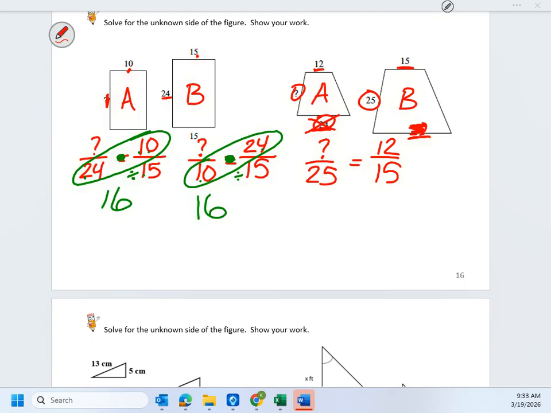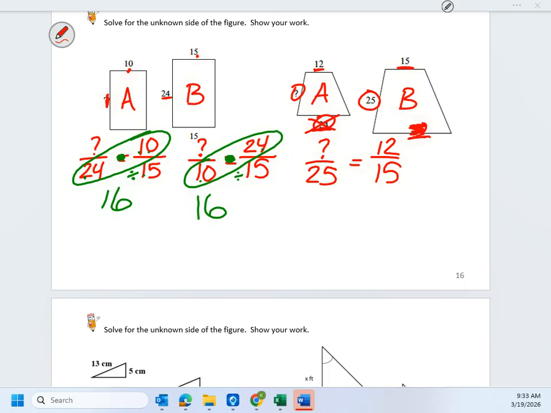This time, there wasn't a number there, so we couldn't choose it. We just had an extra side measurement that you cross off. So Alex was absolutely right. We would have to match up the 12 to the 15 because there was no corresponding side with that 24. Does that make sense? Yep.